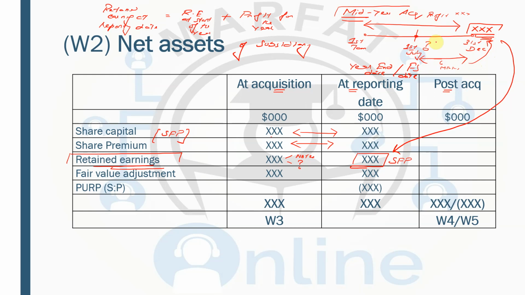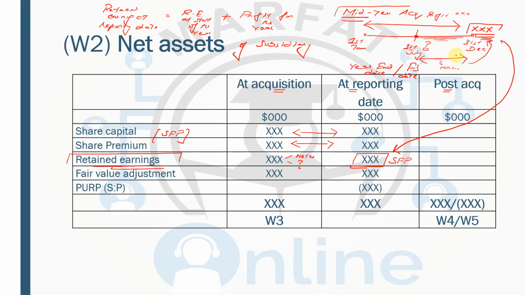It makes sense, because retained earning at reporting date is equal to retained earning at start of the year plus profit for the year, so the full year profit has been included in this figure. If I exclude the profit of this period, it can be 6 months, 4 months, 8 months, whatever the timeline in the question is, you will reach the retained earning at acquisition.